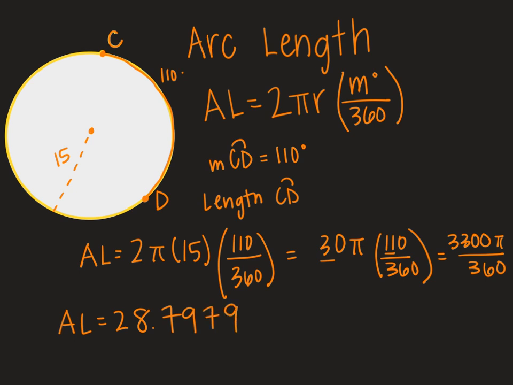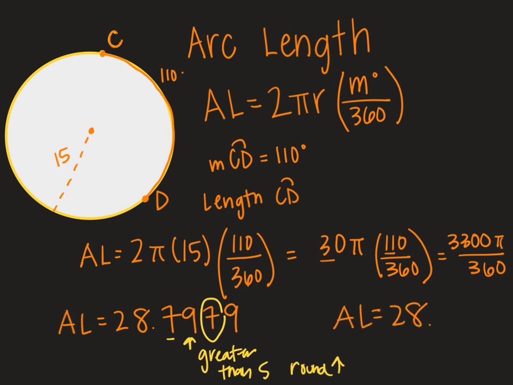And again, we're still rounding to 2 decimal places, so we're going to look at this number here. The third number is greater than 5, so that means that we round up on the second number. So rounding up, this 9 would make this number into 8, because 1 up from 79 is going to be 80. So our arc length rounded up is going to be 28.8.